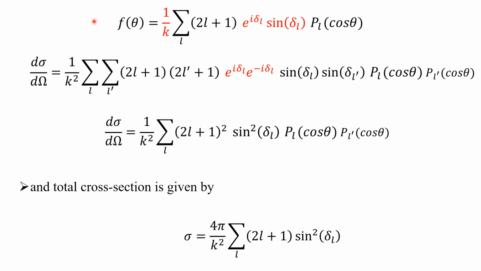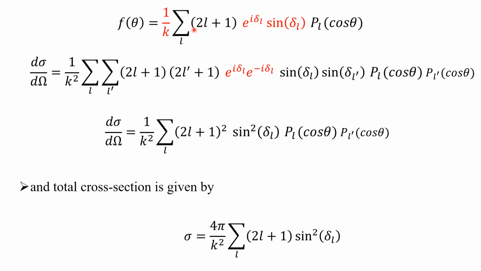Just now I have explained. If you multiply f by its complex conjugate, this is a real number. So this will become 1 over k into 1 over k, which is 1 over k squared.